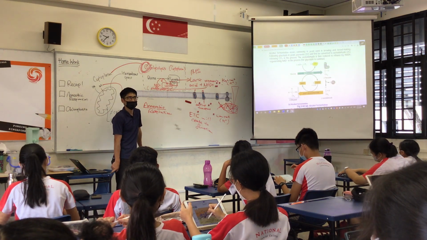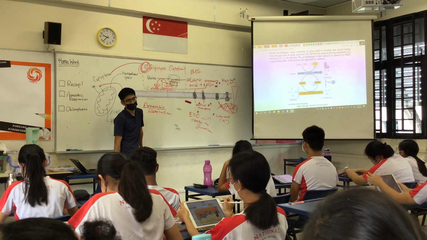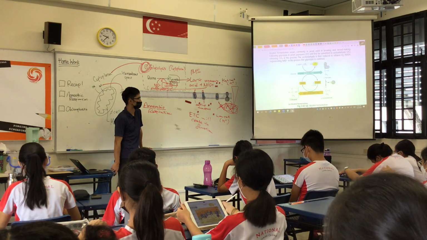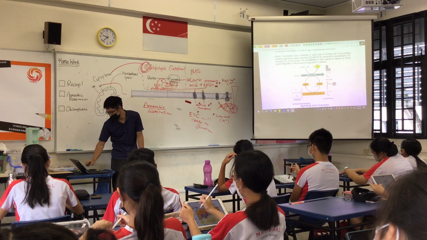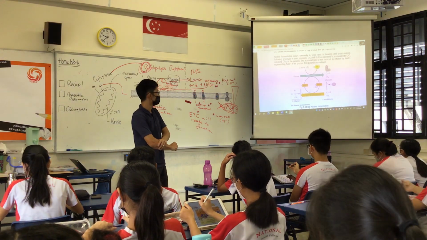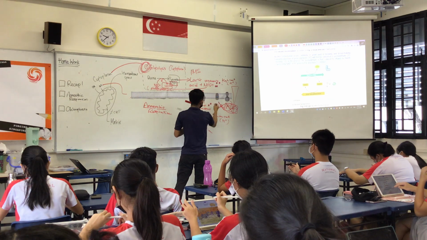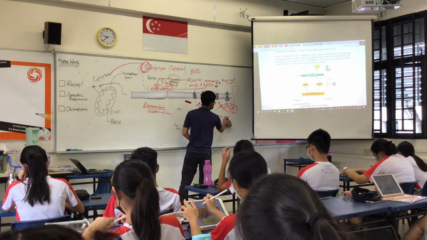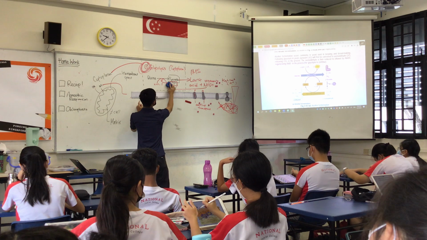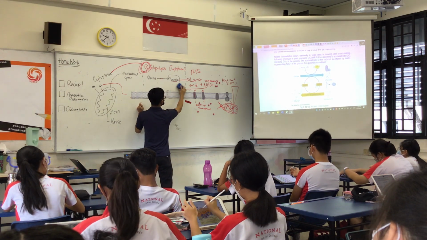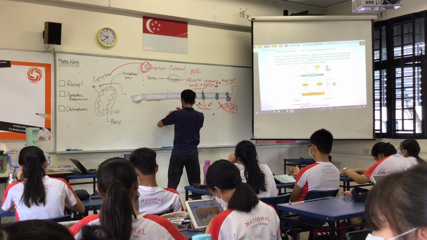And so the wine that your family members may drink, or the beer, that all occurs through the process of anaerobic respiration. Move on to the next organelle, which is the chloroplast.